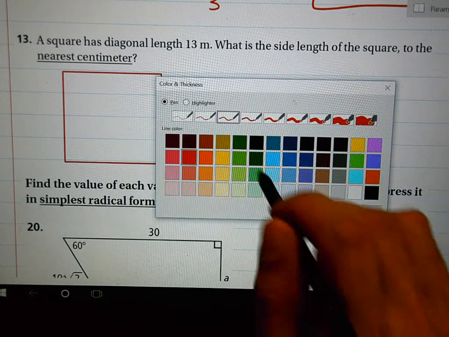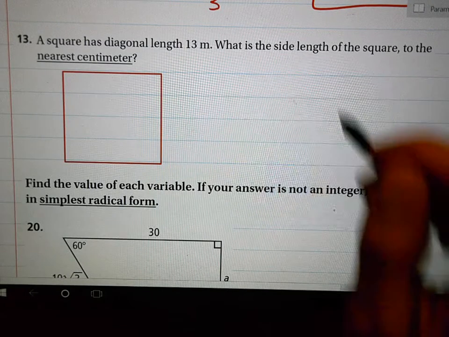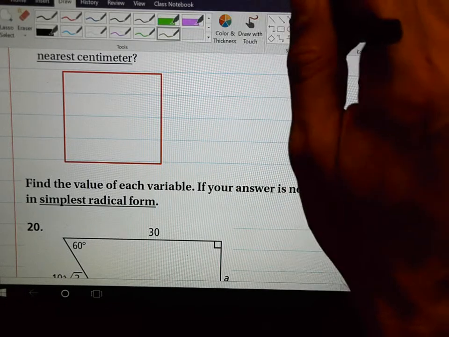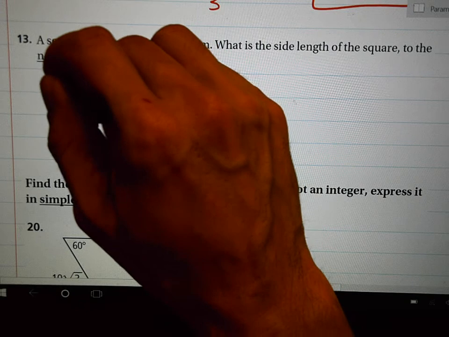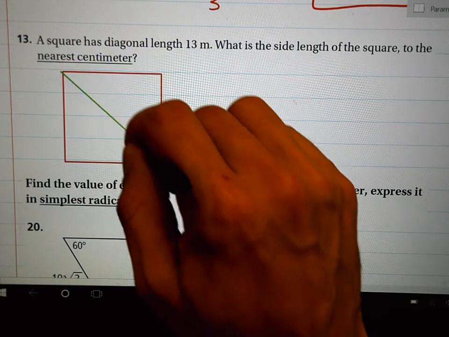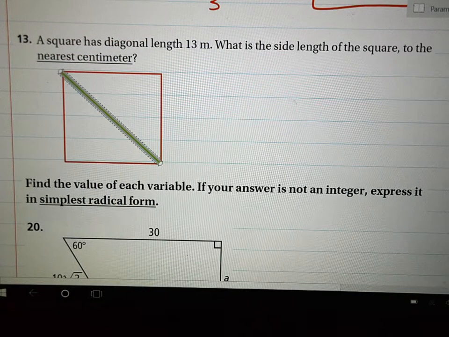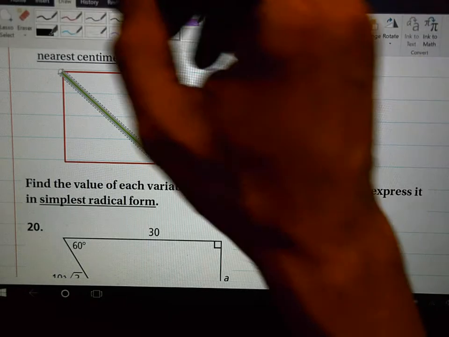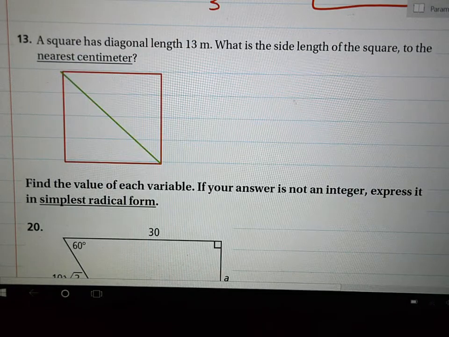Let's make it green. And let's take this and draw a green thing right there. A square has a diagonal length of 13 meters. What is the side length of the square to the nearest centimeter?